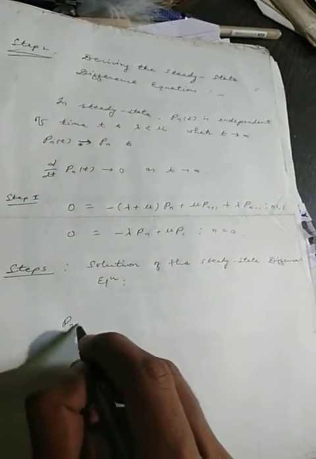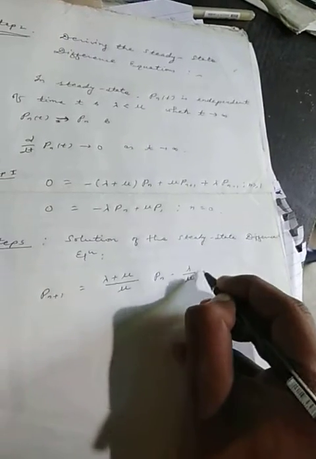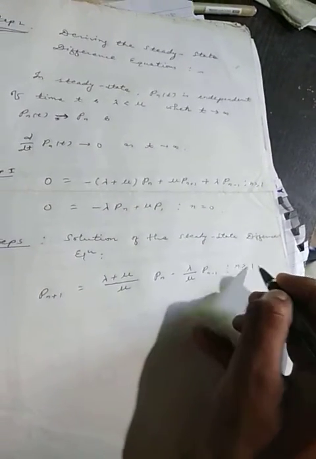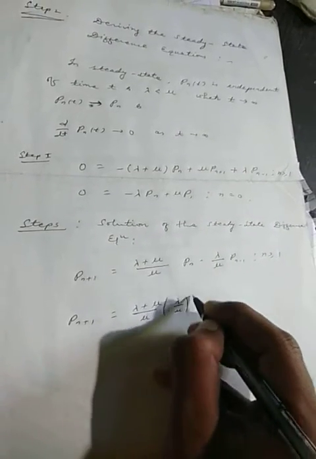By iterative methods, we can get Pn+1 = ((λ + μ)/μ) Pn − (λ/μ) Pn−1, where n is greater than or equal to 1, and so Pn+1 can be given by ((λ + μ)/μ)(λ/μ)^n P0 − (λ/μ)^(n−1) P0, which equals (λ/μ)^(n+1) P0.